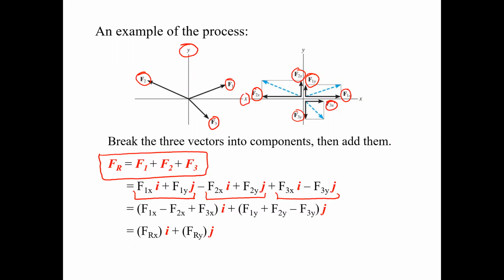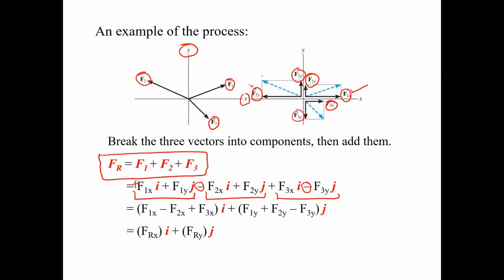All right, so now after doing this, just make sure that you understand about this negative sign, and this negative sign, right? If you come back on this figure, so F1x, this is positive x, right? So that's why we have a positive here, okay? F1y, positive y direction, so we have a positive.